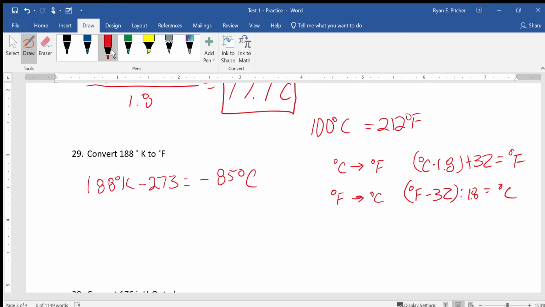Okay, so we're going to take the negative 85 degrees Celsius times 1.8 plus 32. So that's negative 121 degrees Fahrenheit.